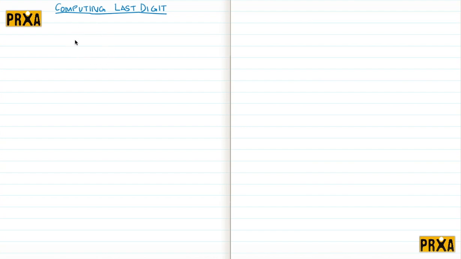Alright, so let's start. Let's say I have a very simple computation, 4 plus 5. Clearly this is 9. But if I were to extend this computation to something like 284 plus 495, this has to have some hundreds, some tens, but the last digit, the ones digit, is always going to be 9.